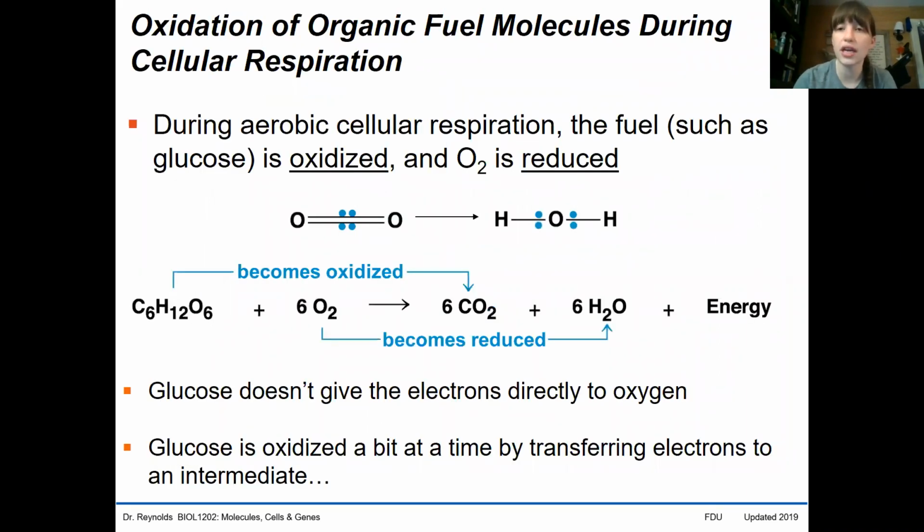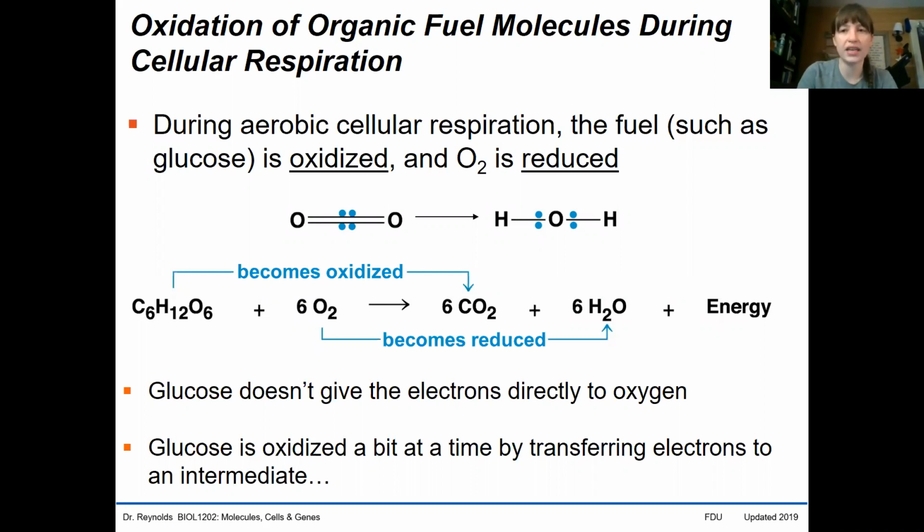If you apply this to the equation of cellular respiration, what we find is that the carbons in glucose are being oxidized to carbon dioxide, and that the oxygen is being reduced to water. Now, glucose is not going to directly give its electrons to oxygen.